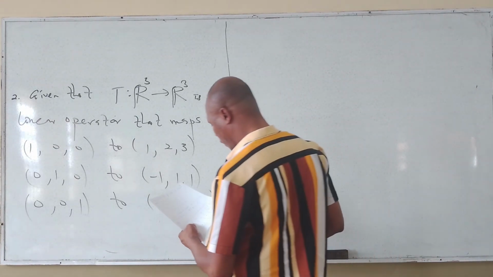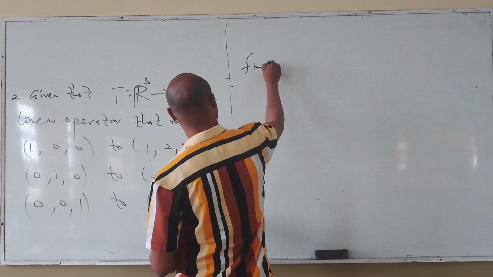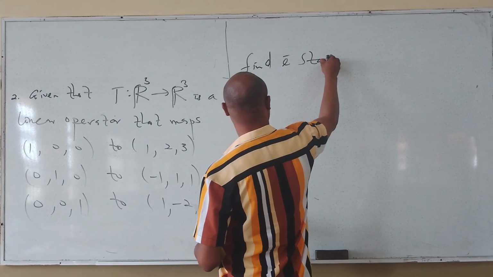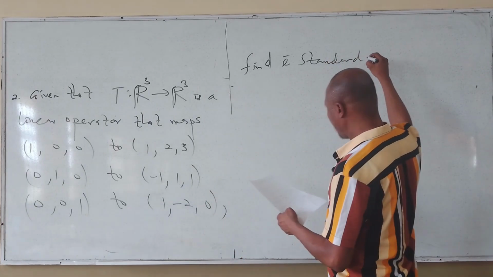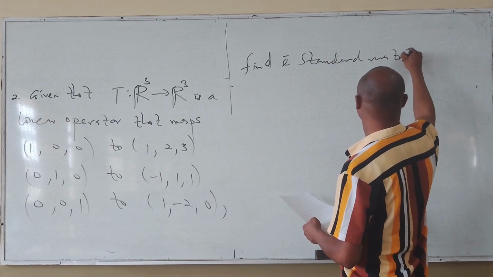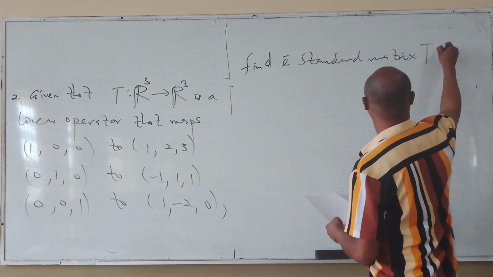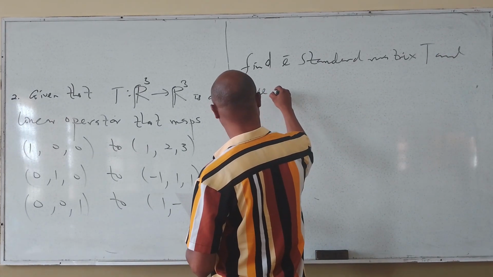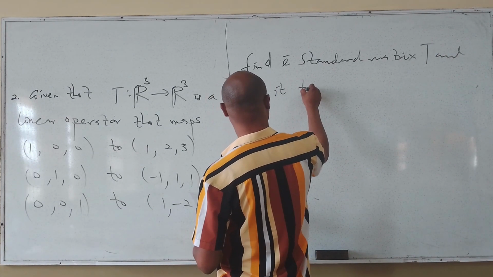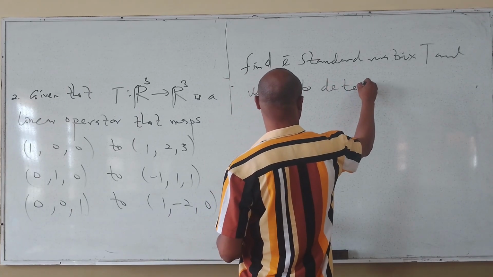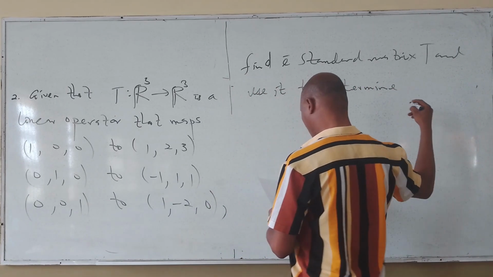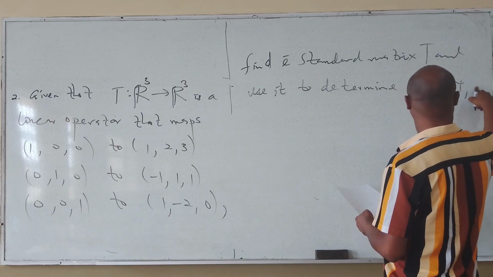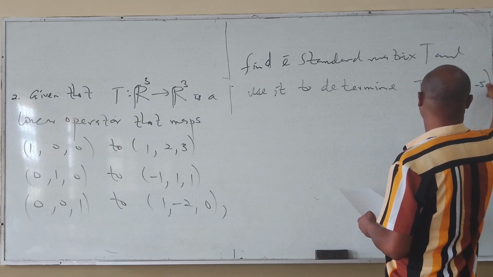Comma, says what? Find the standard matrix T and use it to determine T of (3, 4, -5).